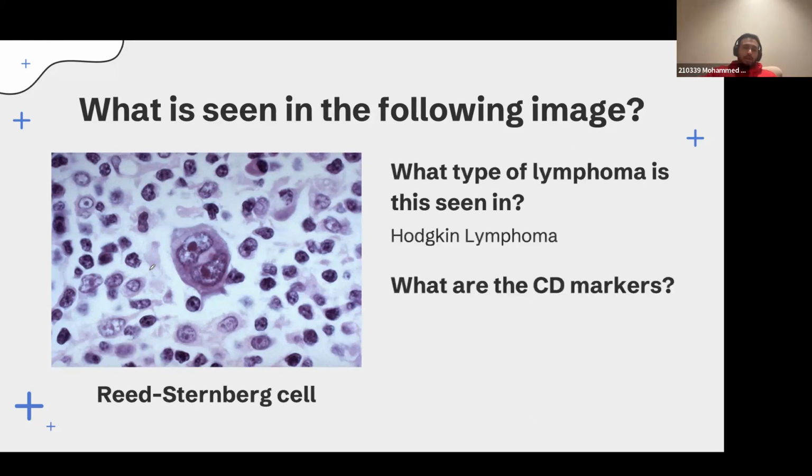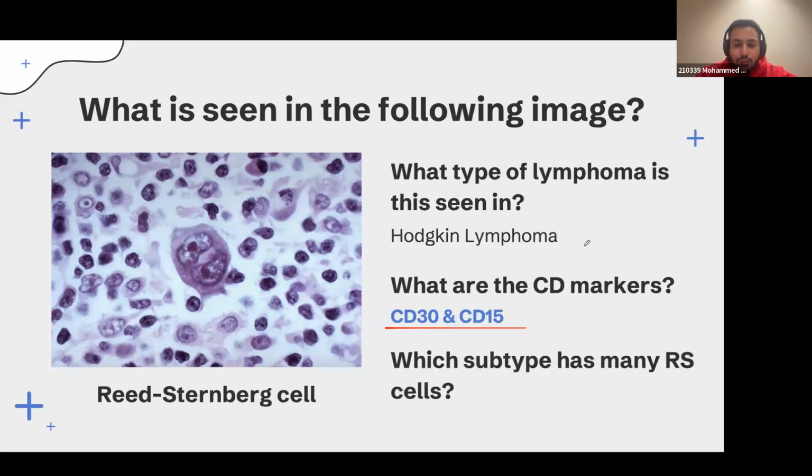What are the CD markers? 30 and 15. Perfect. Very important, guys. Remember the CD markers, please, for your exam. CD30 and CD15 for Reed-Sternberg cells. That's actually the way I memorize it: 15 times 2. Two because there are two nuclei, two eyes of the cell, so it equals 30. So that's one way to remember this.